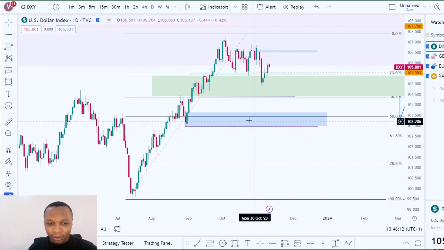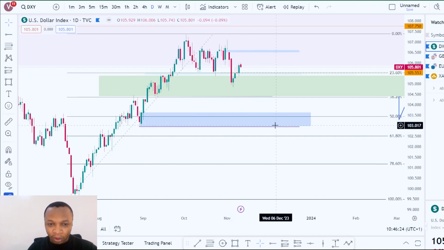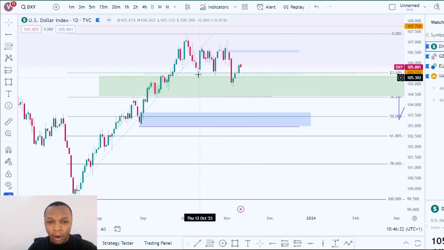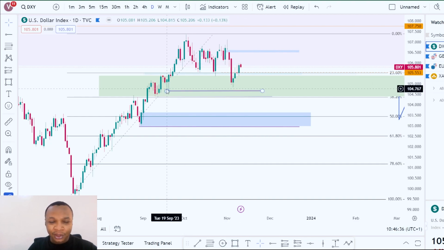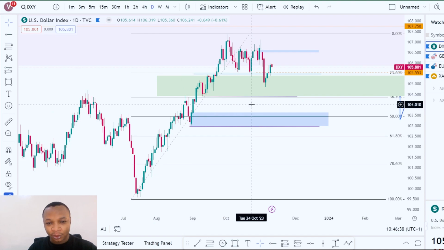Now there are points of interest: a fair value gap on the monthly marked green, a volume imbalance on the daily marked blue, and a fair value gap and order block on the daily marked blue. In this kind of scenario where I have so many points of interest to the upside and to the downside, I look at the 1 hour time frame and see where it is projecting to.